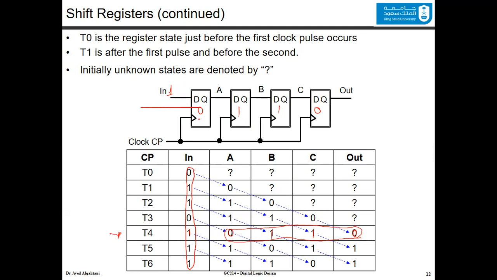After this, shifting this one inside will drop the 0 value to the output, meaning that it's going to be pushed outside. This is why it's going to be dropped. It's not showing anymore in the table, and this 1 would be replacing it.